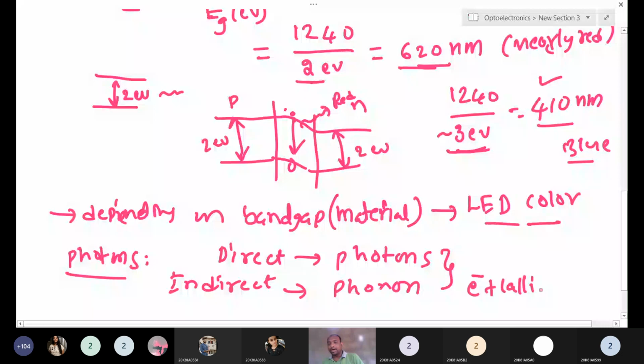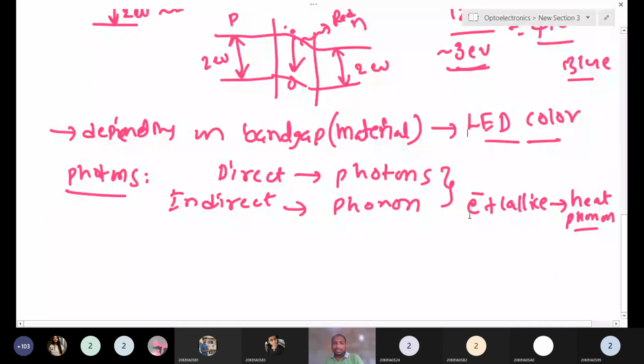So in indirect band gap, phonons are always emitted, and in direct band gap, photons are emitted. So for making LEDs, we always choose direct band gap materials, which are the suitable materials.